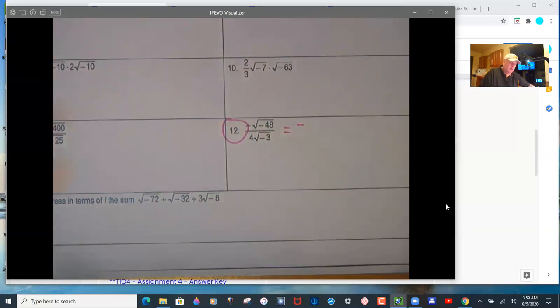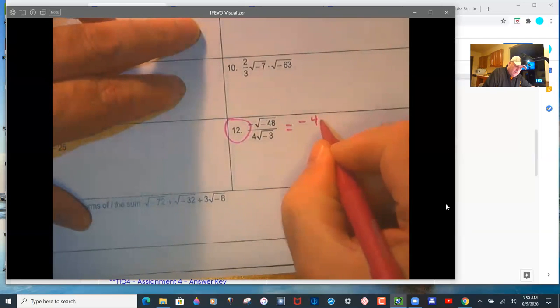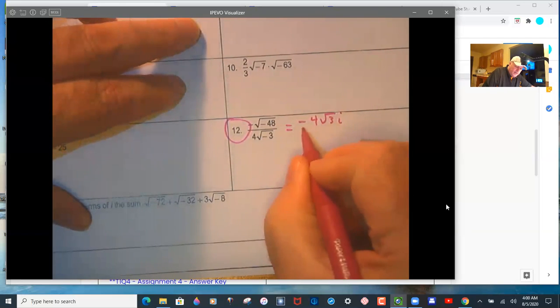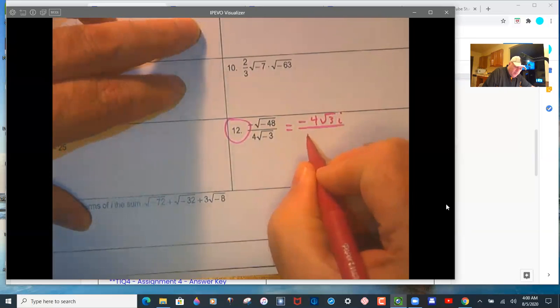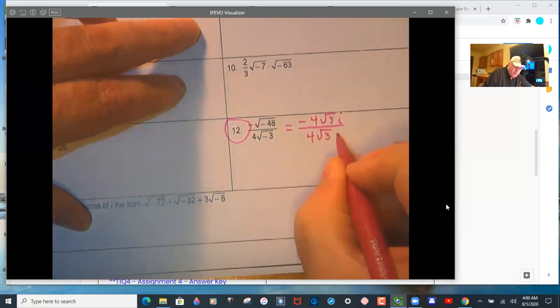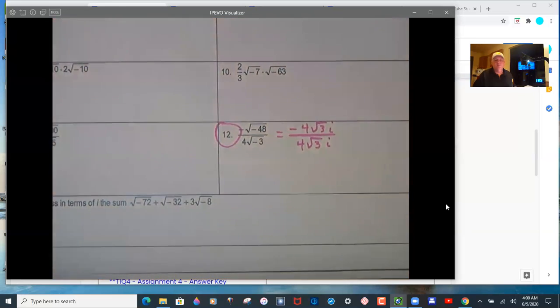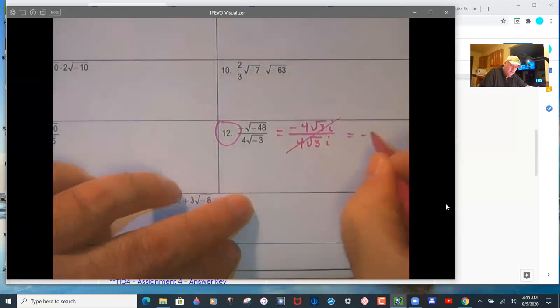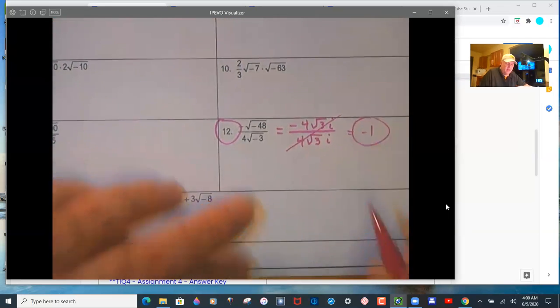So 4 times the square root of 3, i, on the top, and then the bottom will be 4 times the square root of 3i. Well, that looks like negative 1 to me, because everything drops out with the negative sign.